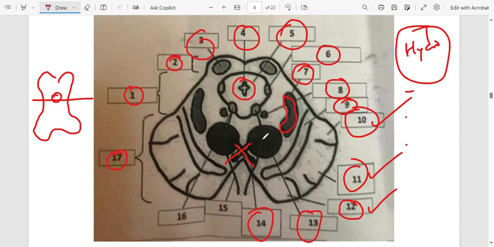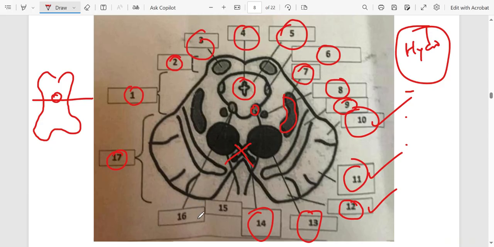There is 13. This structure that is around the periaqueductal gray, and we call that one. Remember, that's where the oculomotor is coming from. That's the nucleus of the oculomotor. So oculomotor nucleus. Which other part is not been labeled?